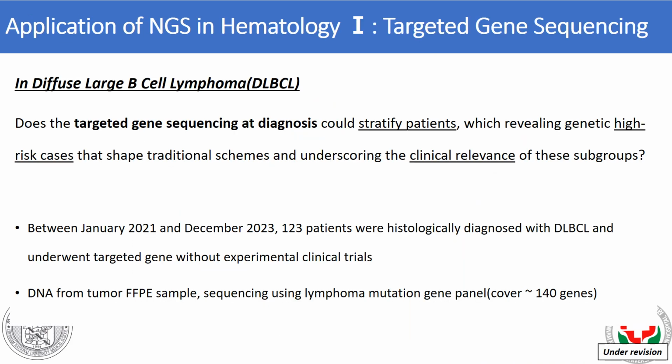Our first topic is DLBCL and targeted gene sequencing. Our question was whether targeted gene sequencing can provide more information beyond our current classification. We performed targeted gene sequencing on tumor samples from patients diagnosed with DLBCL.